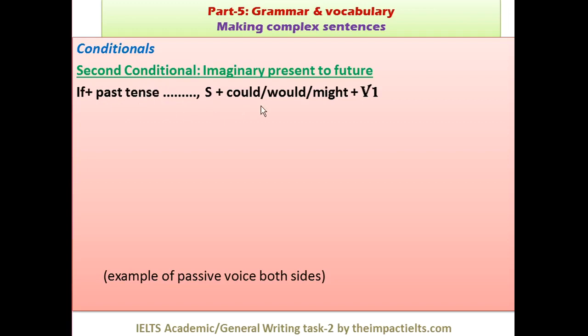And the result part is could, would, might plus the first form of the verb. Always keep in mind, we never talk about the past here. We always talk about the present. All of a sudden, we think of an imaginary situation. So the condition is imaginary, and of course, even the consequence, the result, is imaginary.